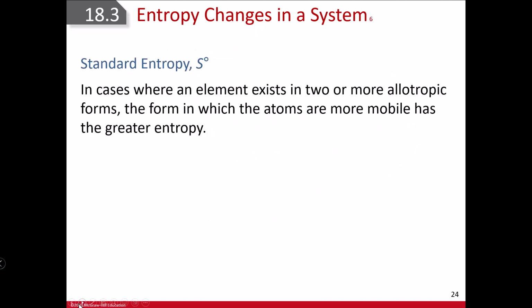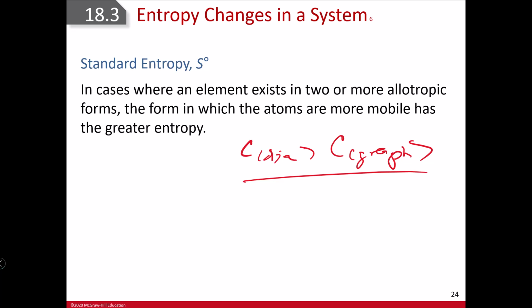All right, so it says in cases where an element exists in two or more allotropic forms, remember what allotropic means? Allotropic is like carbon as diamond, so let's write some examples here. Carbon in the diamond form and carbon in the graphite form. Those are allotropes. They're the elements that have different arrangements of the atoms. We just saw ozone, so ozone is one form and oxygen is another form.